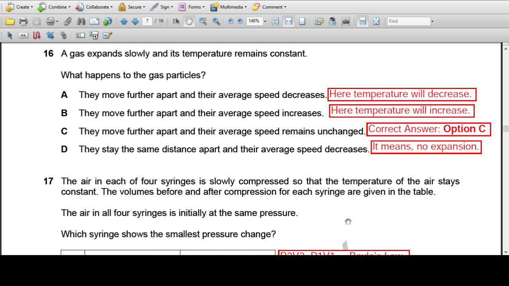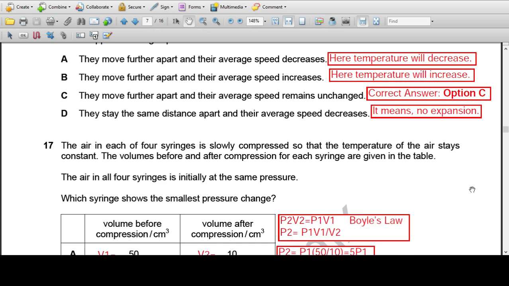Question number 17. The air in each of 4 syringes is slowly compressed. In a syringe, the air, like we see a syringe in a medical store, in a clinic or in a laboratory, is slowly compressed so that the temperature of the air stays constant.